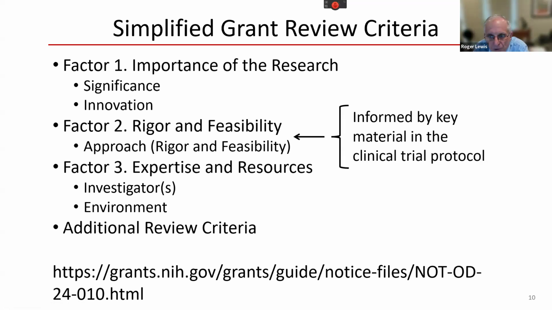The rigor and feasibility part is really informed by material in the clinical trial protocol. This is where we look to see whether or not you've thought about the procedures in enough detail so that we believe you can do it in a way that's reproducible. So I'll just give a concrete example. Say you plan to do a 6-minute walk.